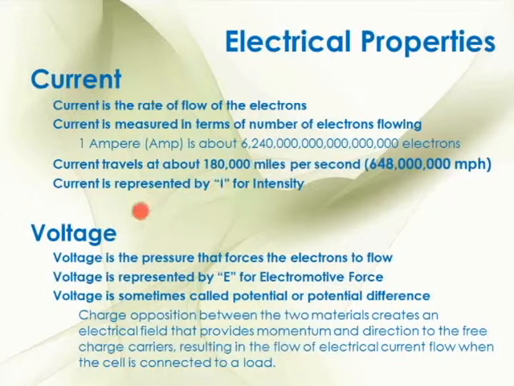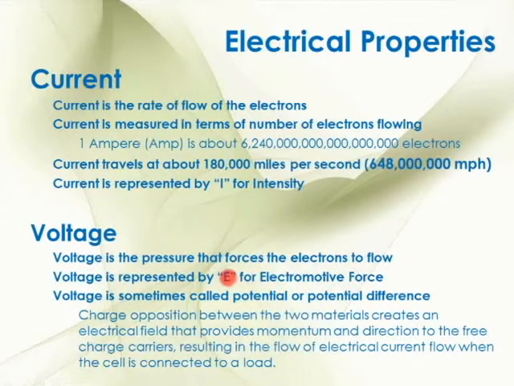Now, voltage is another way to measure electricity. Voltage is the pressure that forces the electrons to flow. When they talk about hydraulic equivalents, current is the rate of flow, and voltage is the pressure that pushes the current.